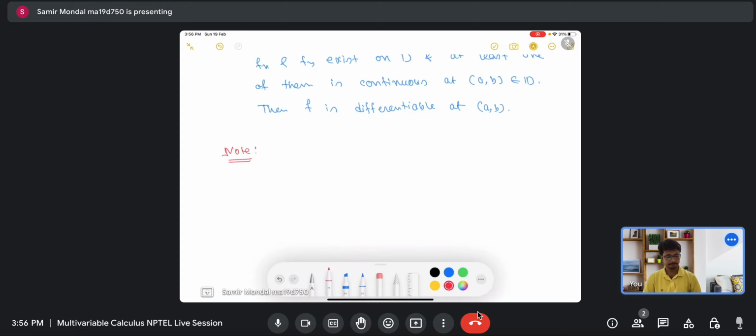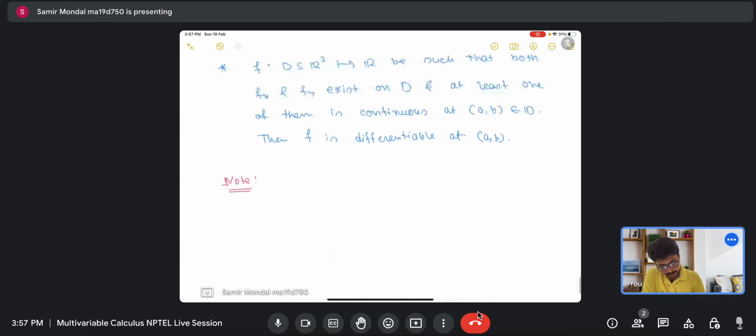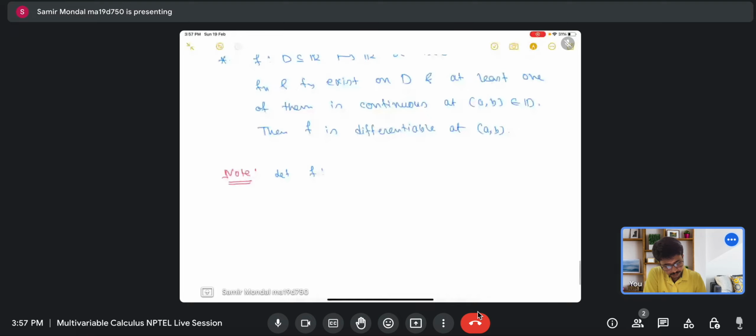If the function f from D to R is differentiable at the point (a, b) belonging to D, then f is continuous at (a, b).